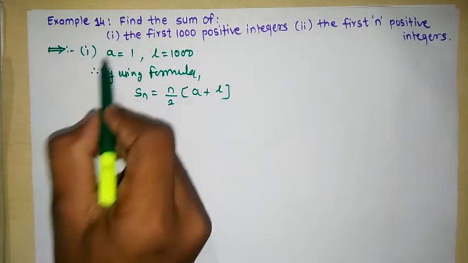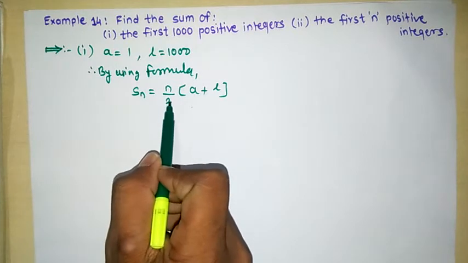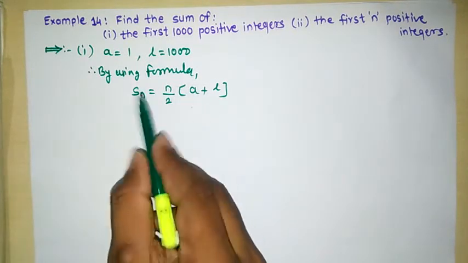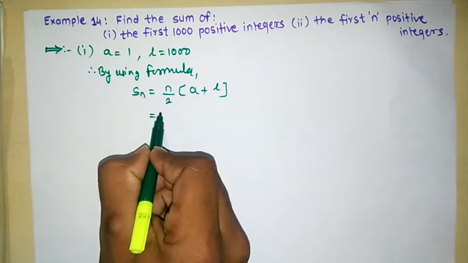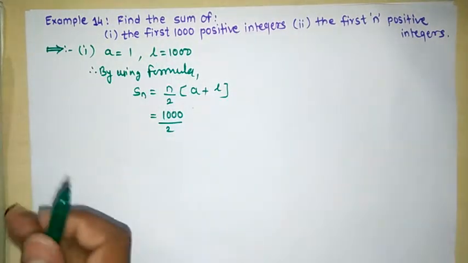Here we know the first term and last term. Therefore, we are going to use this formula, that is Sn is equal to n by 2 into a plus L. What is n here? N is 1000, that is there are total 1000 terms.